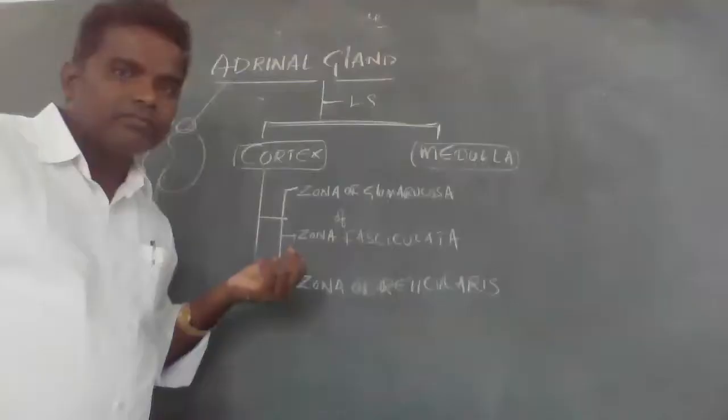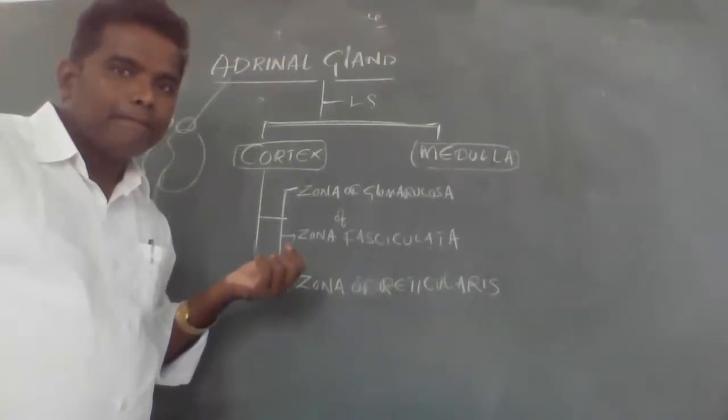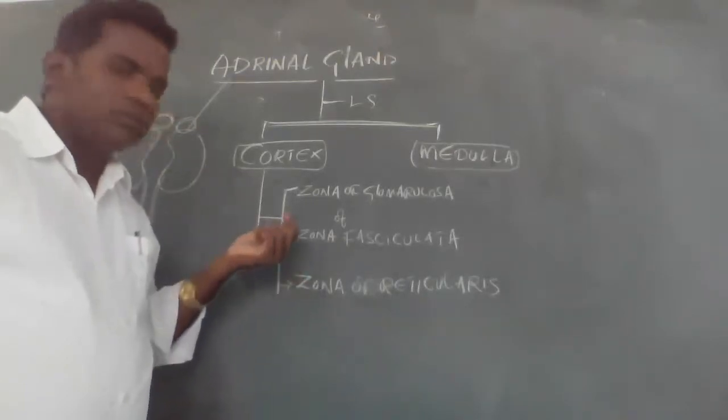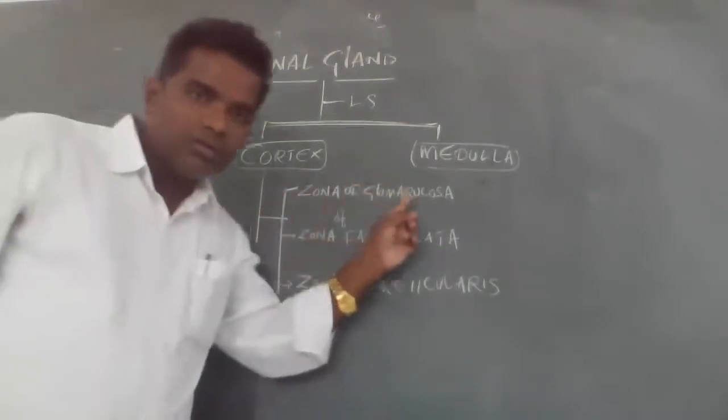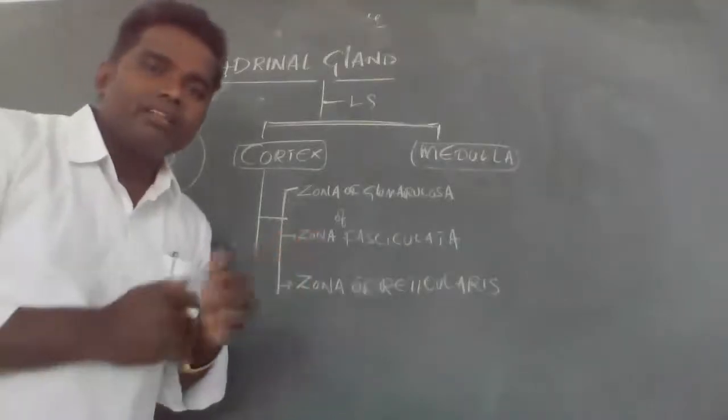Three zones, sir. What are those? First one is zona glomerulosa, second one is zona fasciculata, third one is zona reticularis.